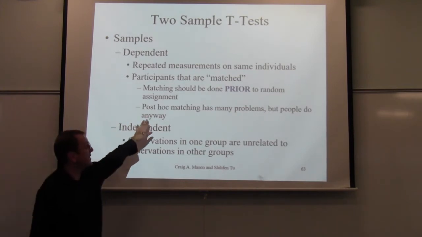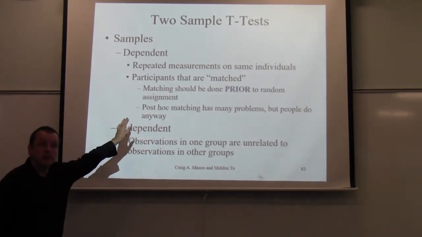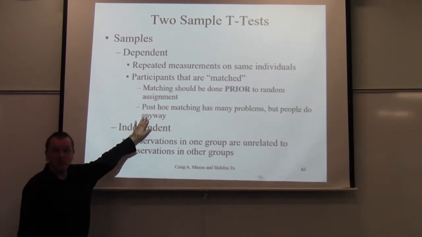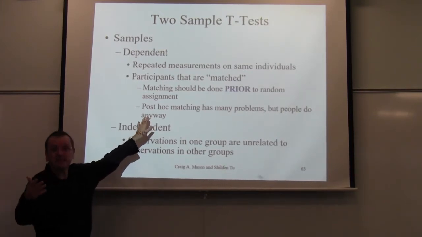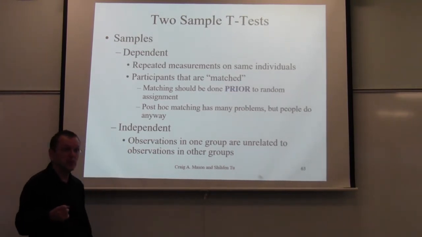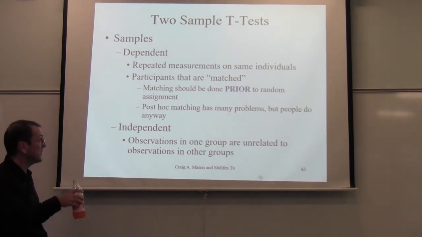So post hoc matching has a lot of problems, but people do it anyway. But there are good ways and bad ways. If you're reading something, propensity score matching is one of the stronger tools that people will use for this. That's one label it's called, propensity score matching.